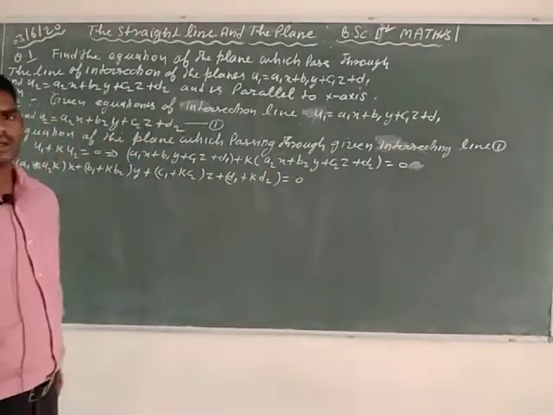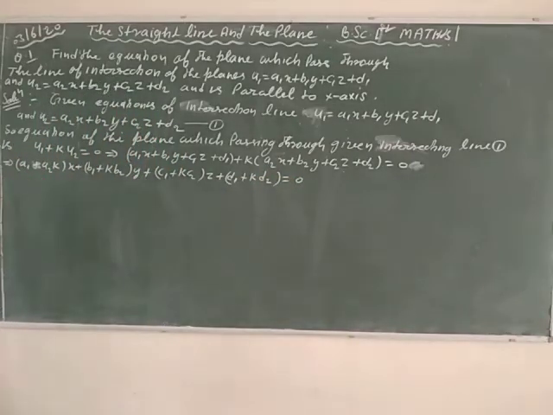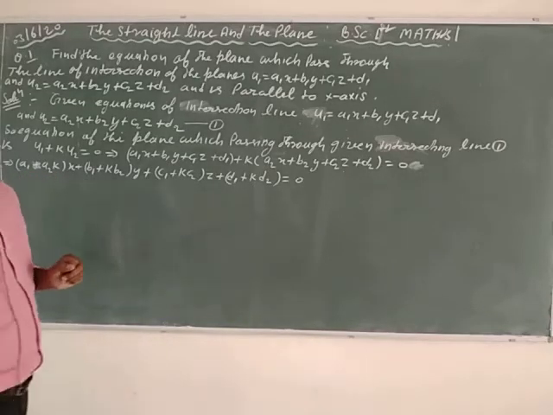This is the equation of the plane passing through the given line of intersection, where k is an unknown number.